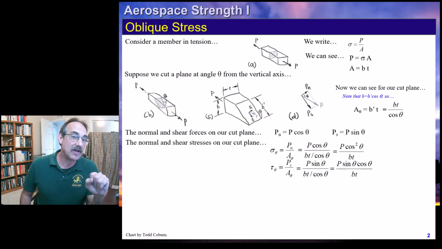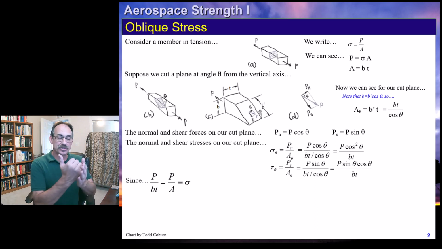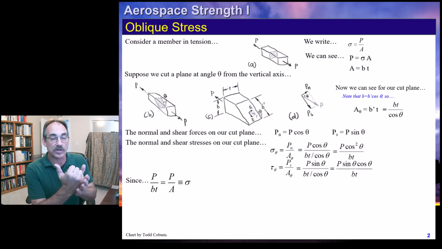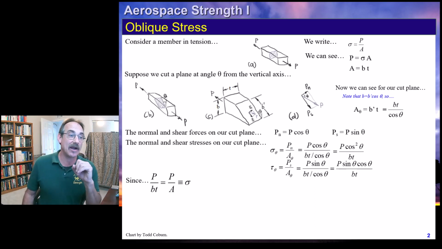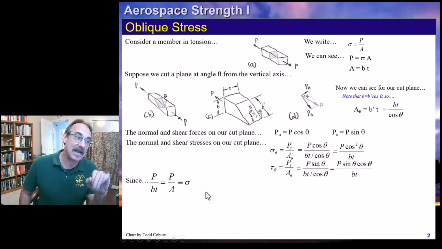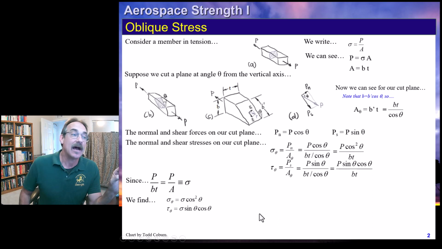Now we could simplify these even further. If we look at that original area that was perpendicular to the force, we call the stress on that perpendicular cut sigma, just P over that original area BT, and then plug in P over that area by all the places we see it here, we can write our stresses in a different form.